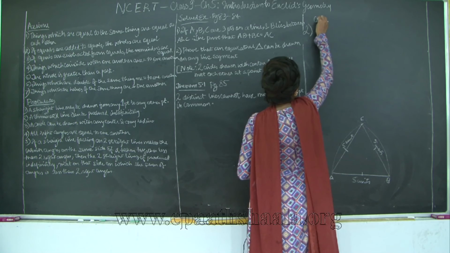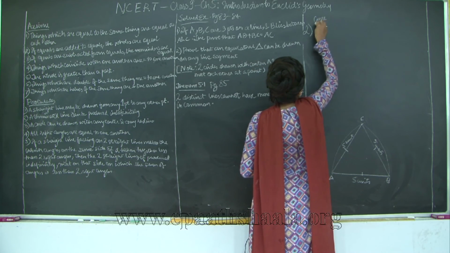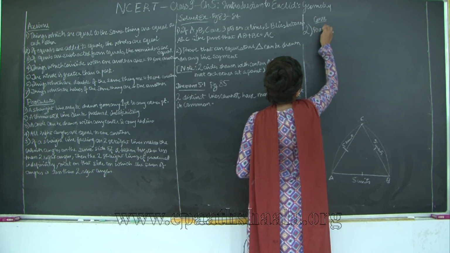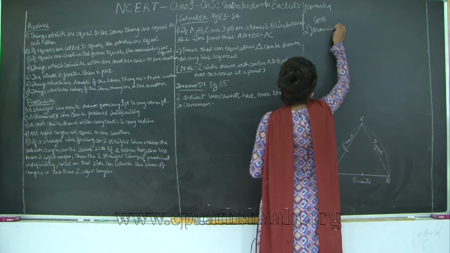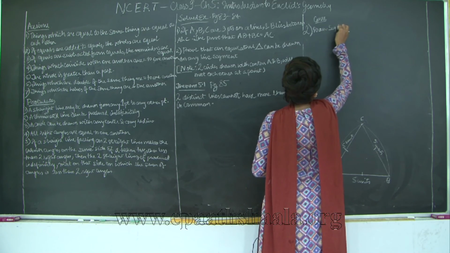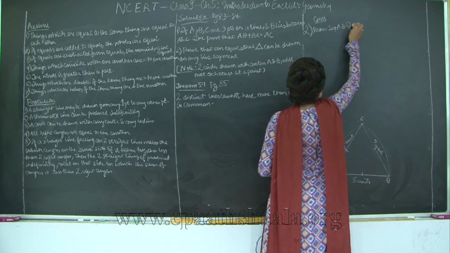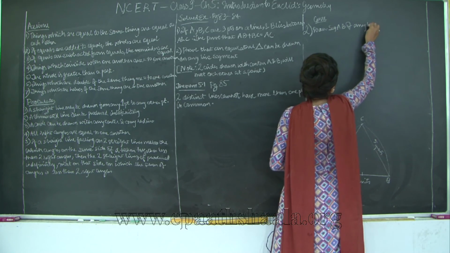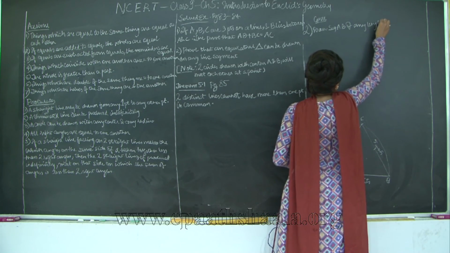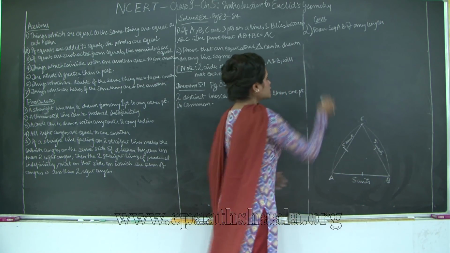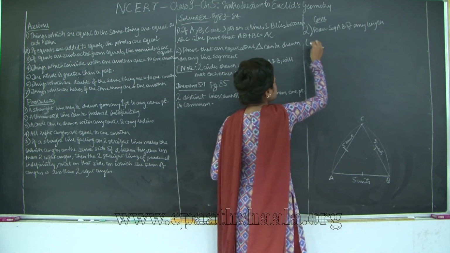So, first construction, I will say draw segment AB of any length. In our case it is 5, so you can just put this in brackets.